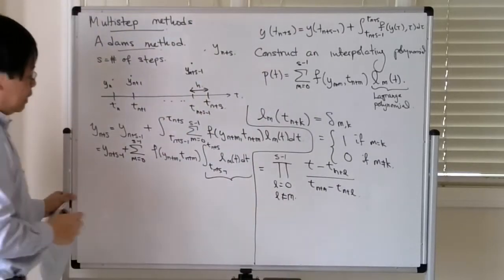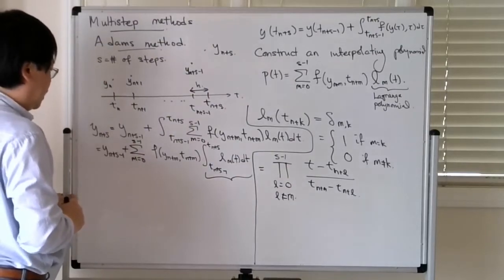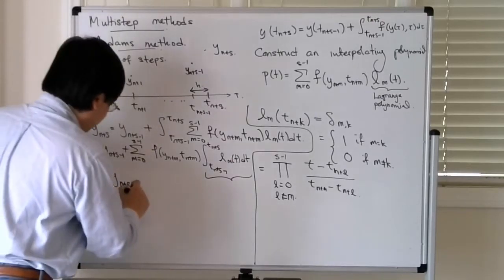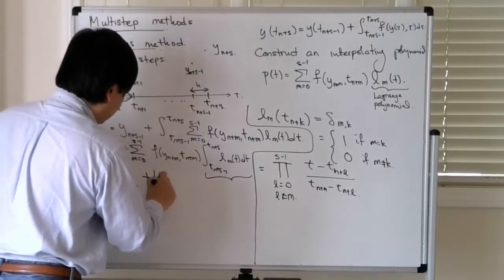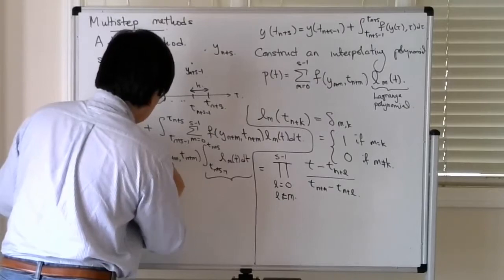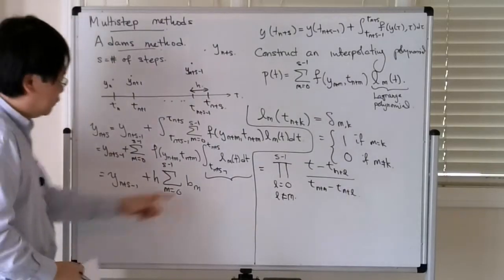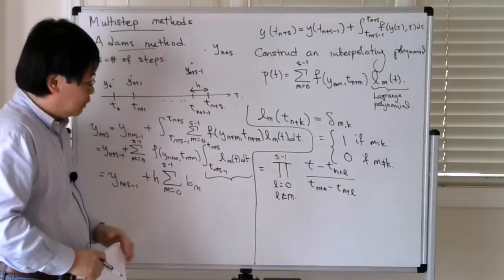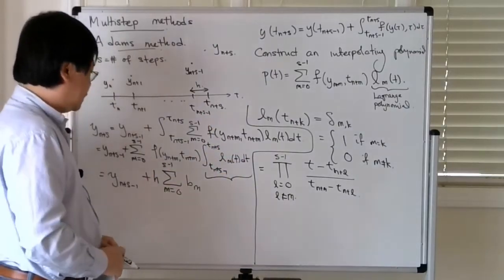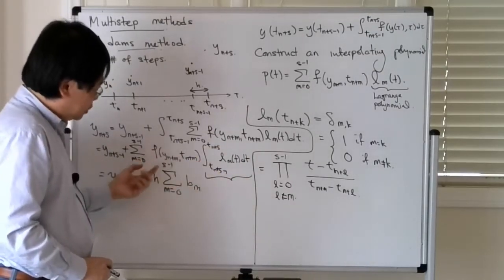By appropriately rescaling everything, you can write this as y_{n+s-1} plus now a factor of h multiplied into some quadrature weights, which I will denote by b_m. So b_m is related to this integral of the Lagrange polynomial over this fixed interval, but you rescale everything in terms of this factor h, so the h comes out.